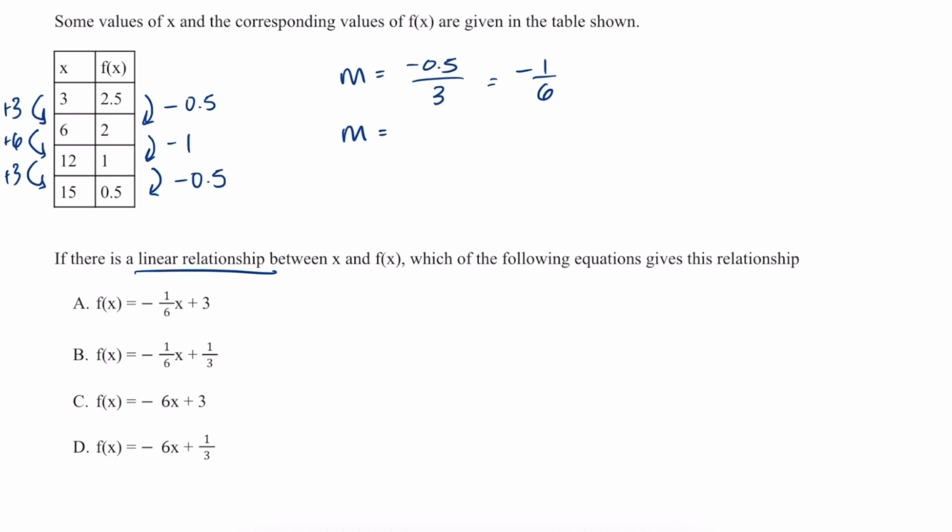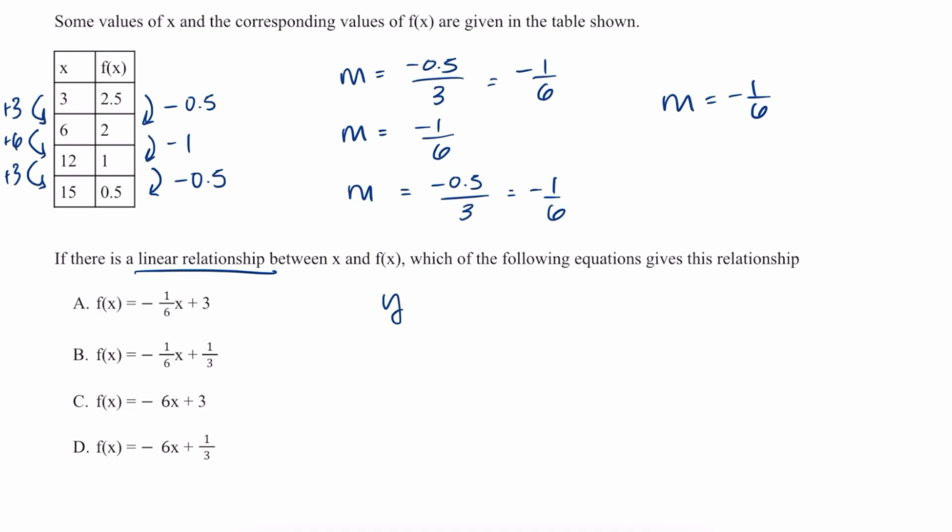For the second 2 points, you would get m equals negative 1/6. And then for the last 2 points, you would get negative 0.5 over 3, which is also negative 1/6. So the slope of this line is m equals negative 1/6.